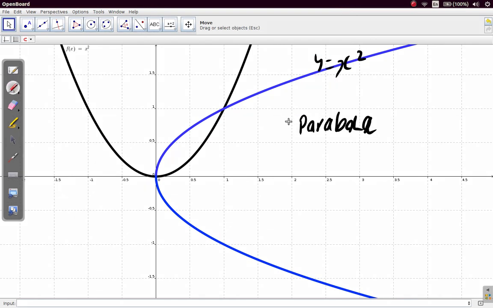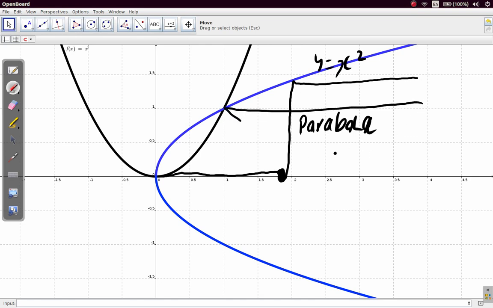Now imagine that this is a satellite dish. You could have a receiver somewhere here. You have some object holding the receiver, and you have signals, electromagnetic signals coming in parallel, and it reflects onto the receiver.